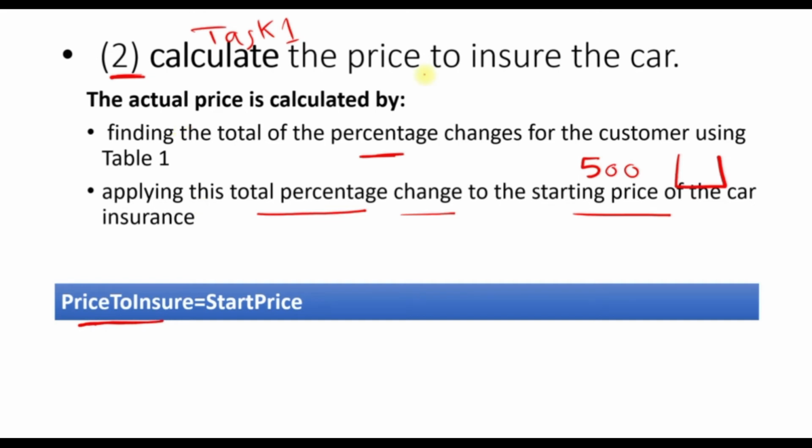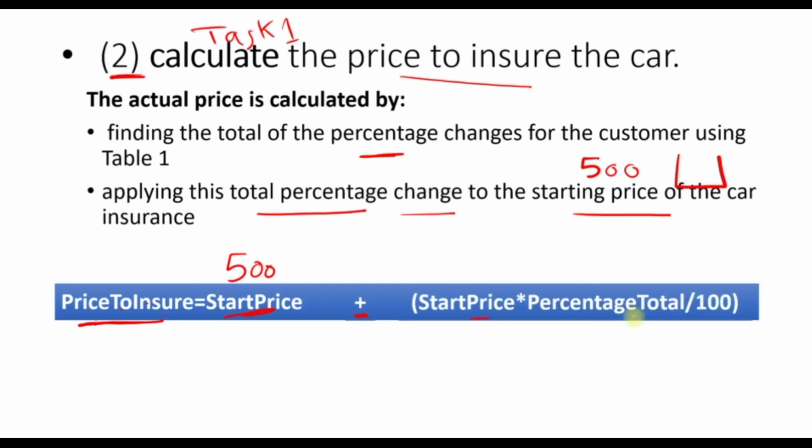So price to insure the car as the variable name equals the start price, which was 500, and then plus the start price multiplied by the percentage total variable that in the container, if you remember, divided by 100 to have the value of the ratio, the percentage.